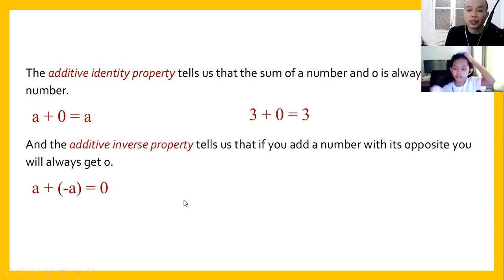Any number with its opposite will be equal to 0. For example, 4 added to its opposite, which is negative 4, will be equal to 0. You call that the additive inverse property. You understand? All the 4 properties of addition. It's easy to remember, right?